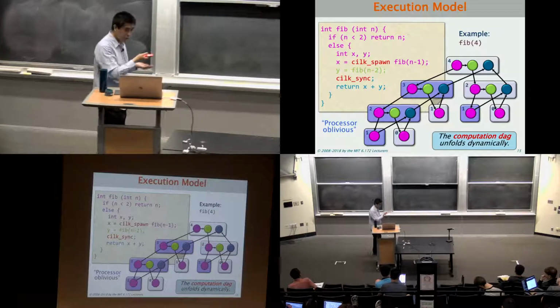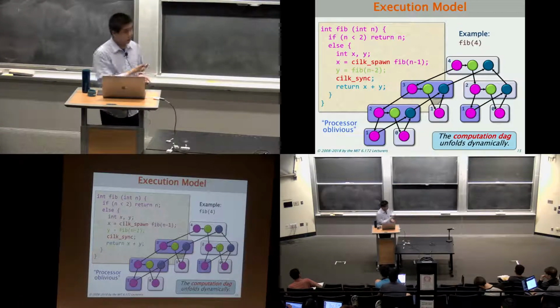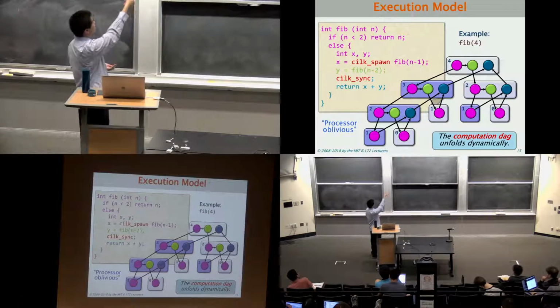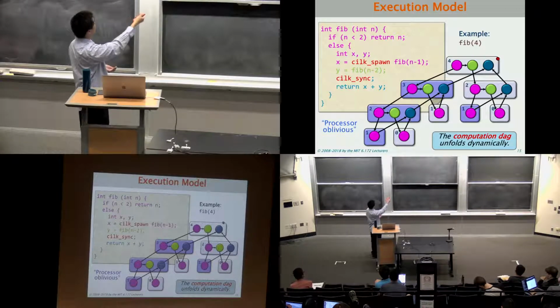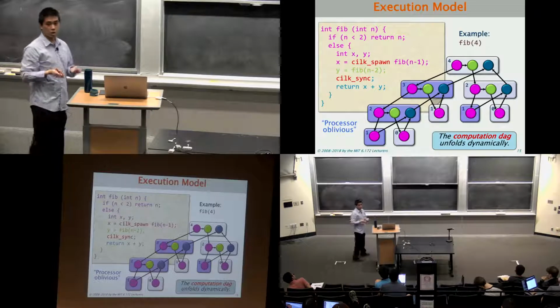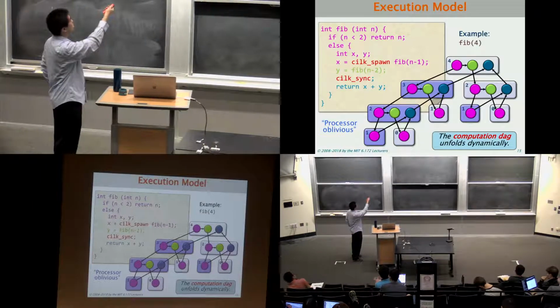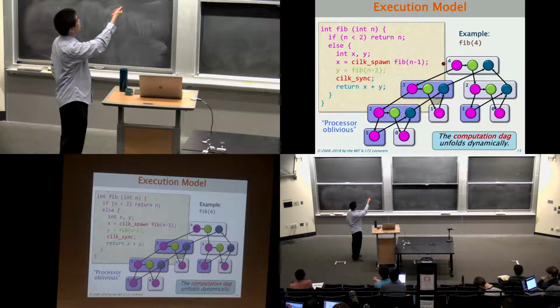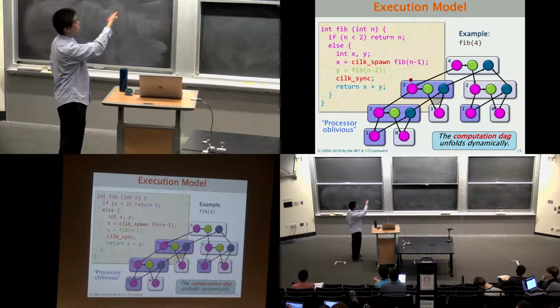So for example, I can run this on any number of processors. If I run it on 1 processor, it's just going to execute these tasks serially. In fact, it's going to execute them in a depth first order, which corresponds to what the sequential algorithm would do. So I'm going to start with fib of 4, go to fib of 3, fib of 2, fib of 1, pop back up, and then do fib of 0 and go back up, and so on.